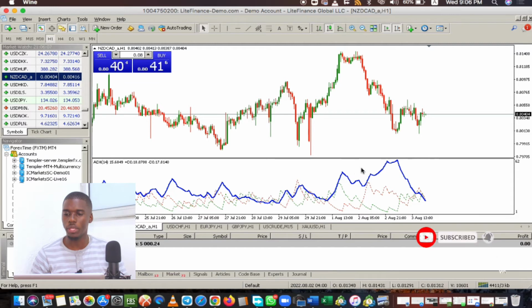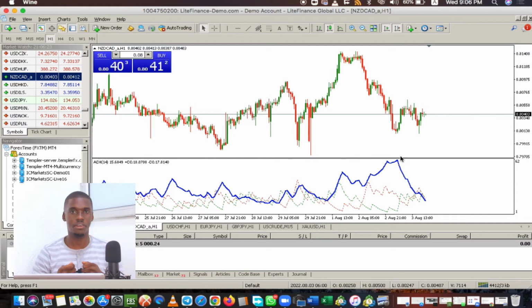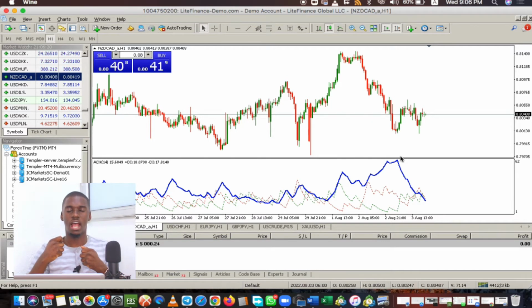You seeing it going up doesn't necessarily mean that the market is going up. There are scenarios where you'll see the ADX going up, but the market is going down. In this case, it shows us that the market has a lot of strength regardless of direction. So it can be that the ADX is up and the market is moving down.